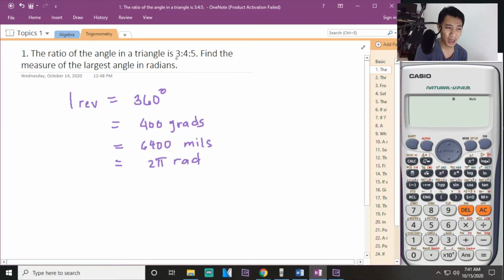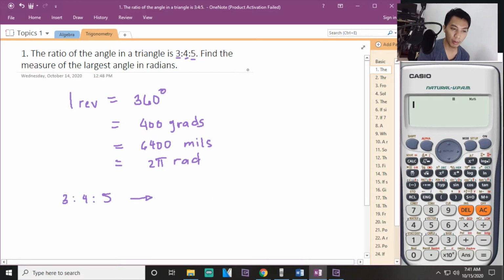And, since it is in ratio, ibig sabihin, yung mga angles na yan is may saktong sukat. And in order to find the largest angle in radian, that must be the one that is mas mataas yung ratio. Nakalagay sa ratio. So, ilista natin yung ratio, 3, 4, 5. The best way for you to solve it is to get the sum.